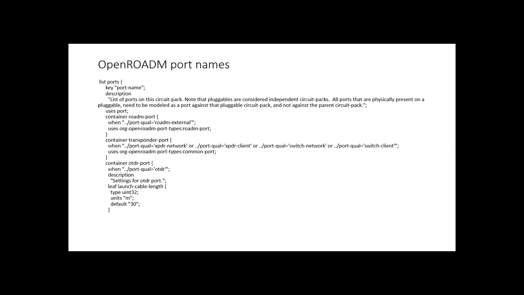According to the Open ROADM model, the port names have a local scope, a scope based on the circuit pack on which they are implemented, and this is directly taken from the model.